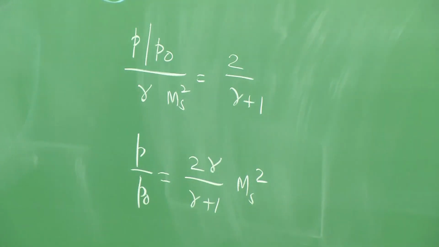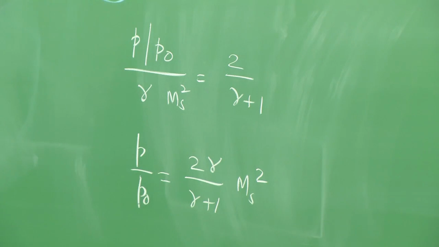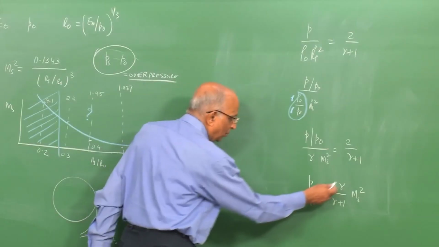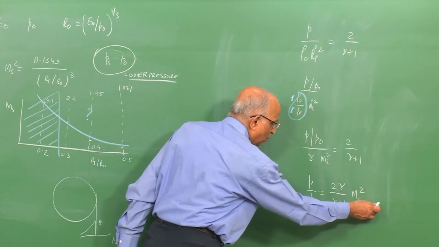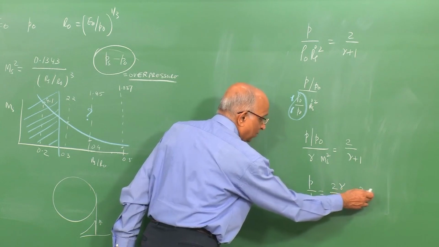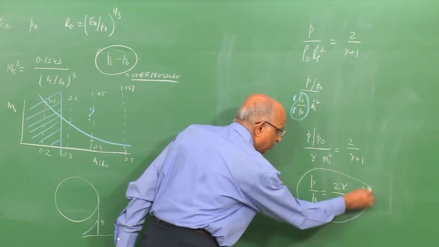Now, if you look back at the expression we derived for P divided by P 0 in the third and fourth classes, P by P 0 is equal to 2 gamma by gamma plus 1 Ms square minus gamma minus 1 by gamma plus 1. Since we are talking in terms of large Mach numbers, gamma minus 1 by gamma plus 1 is negligible, and this is the pressure ratio.